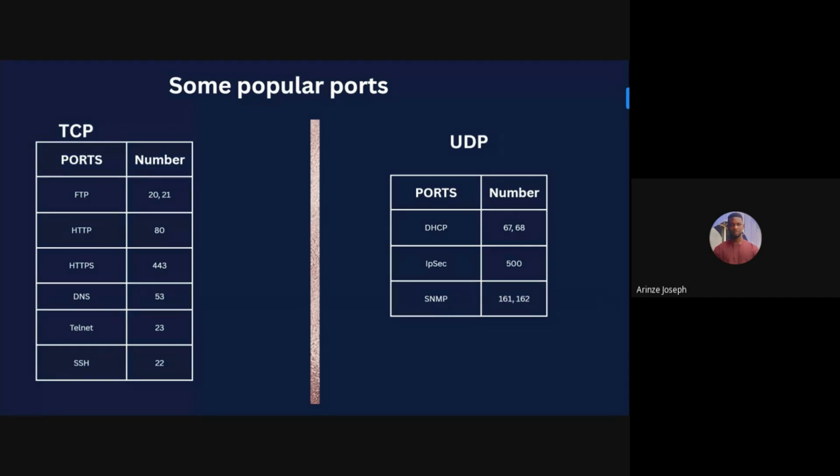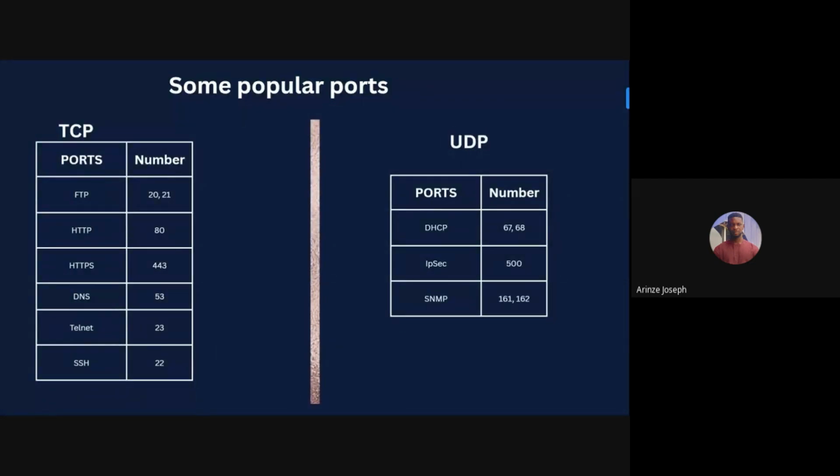Then there is Telnet. Telnet is used to establish a connection between two hosts, but it is not secure. So SSH, which is port 22, is more like a secure form of Telnet. That is why it is called secure shell. SSH means secure shell.